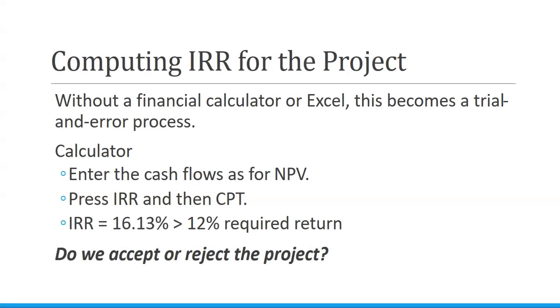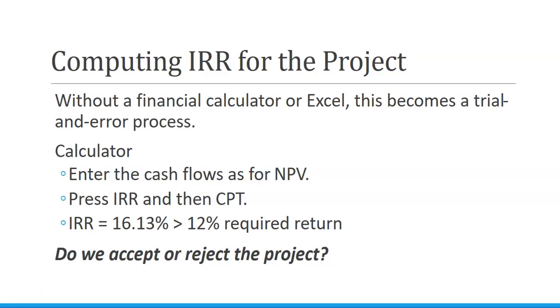Without a financial calculator or Excel, computing the internal rate of return for a project is a trial and error process or a guess. In a calculator, you enter the cash flows as you would for the net present value, and then press the internal rate of return button and then calculate.